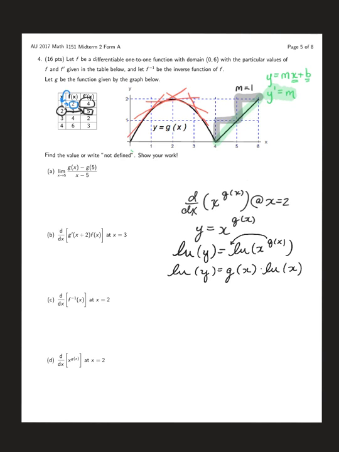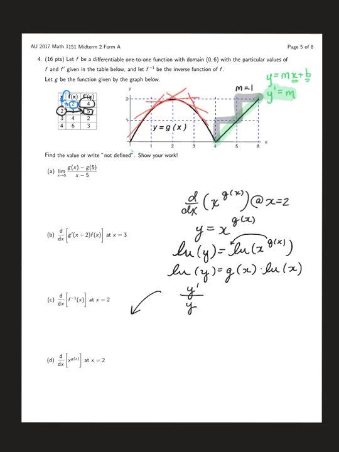Now this feels much more workable because what I have on the right-hand side now is just a product. That's it. g of x times natural log of x. So let's start now taking the derivative. On the left-hand side, the derivative is going to be y prime over y.